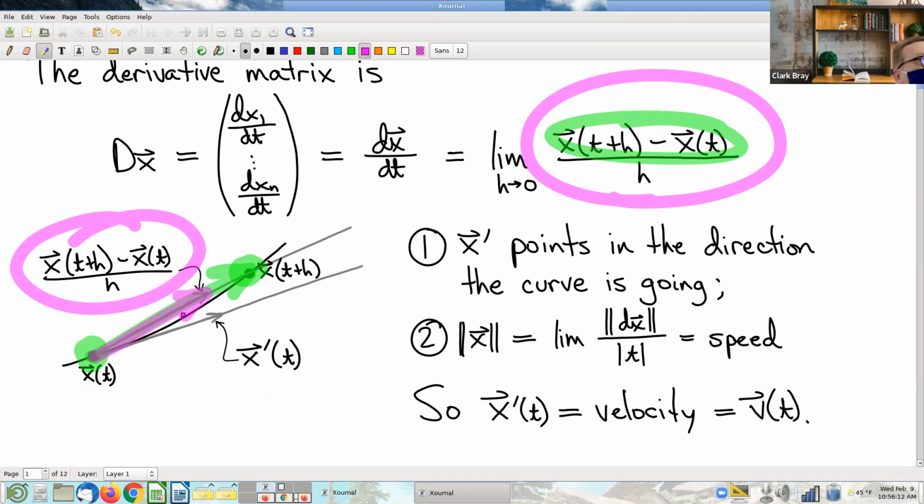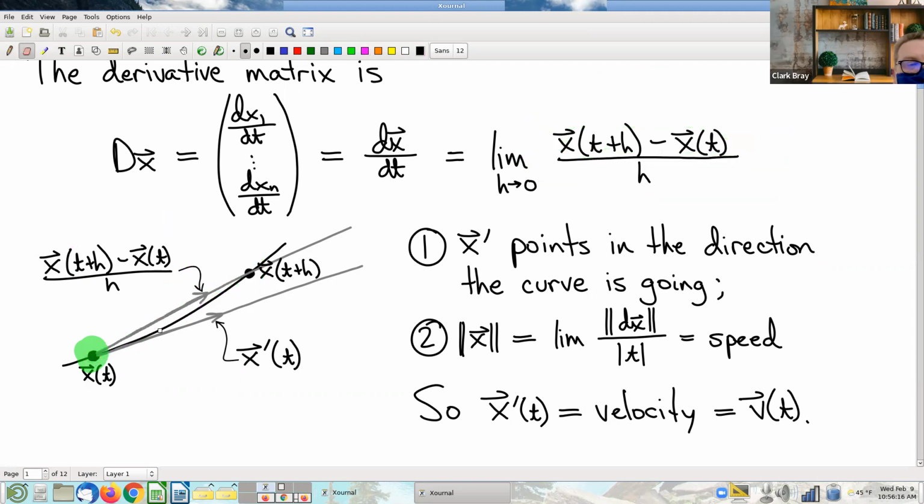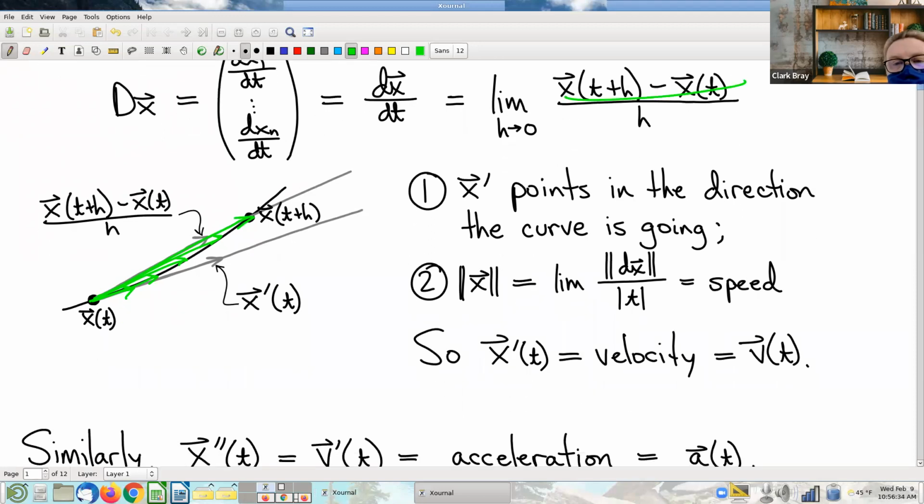And then we take a limit as h goes to 0. Now, what does happen when h goes to 0? Well, a couple of things happen. As h gets closer and closer to 0, that vector gets shorter and shorter and shorter, right? The numerator gets shorter and shorter.